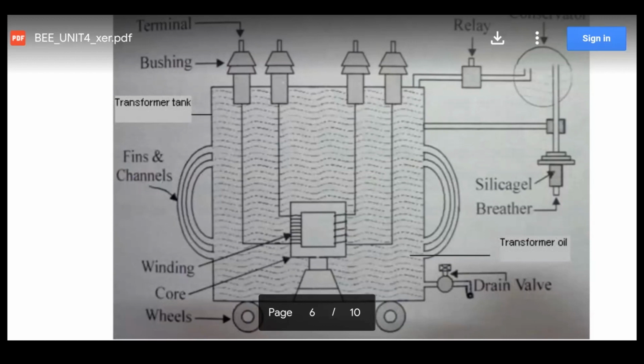Okay. It should not form a poisonous mixture on oxidation. Transformer oil generally leaks from its connecting parts, so it should not form a poisonous mixture in the atmosphere so that it is harmful. And its flashover point should be high. It should not catch fire easily.